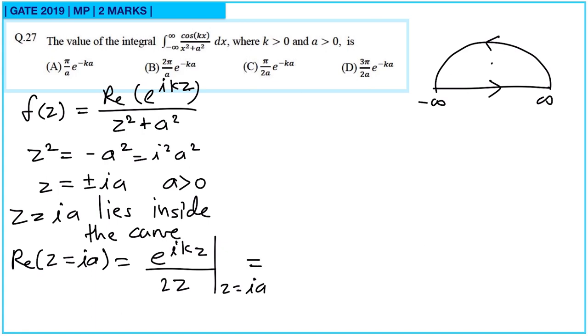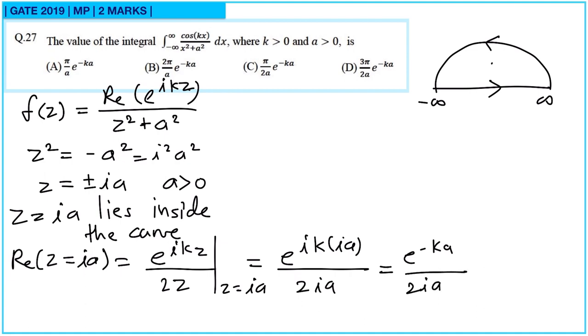So this is equal to e raised to ik into ia upon 2 into ia. So this is i square, that is minus 1. So e raised to minus ka upon 2ia.